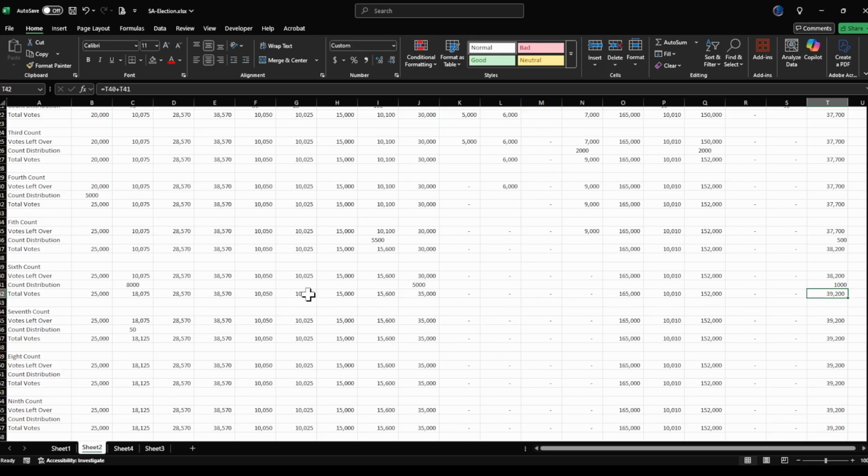So we have 10,025 there, 10,010 there, and that looks like the 10,010 is the party that is going to be eliminated. So we'll take that 10,010 votes from there, and to make our life easy, once again, we'll give 10,000 votes here. And we're also going to throw 10 votes into the expired column.